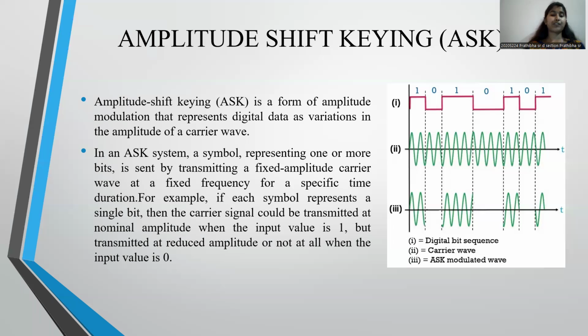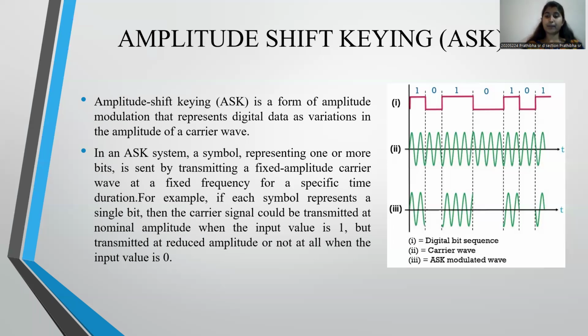For example, if each symbol represents a single bit, then the carrier signal could be transmitted at the nominal amplitude when the input value is 1, but transmitted at reduced amplitude or not at all when the input value is 0.